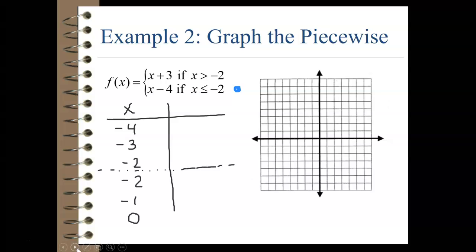So -4 is -8. -3 and -4 is -7, and -6. We have a closed circle at that point, -2, -6.